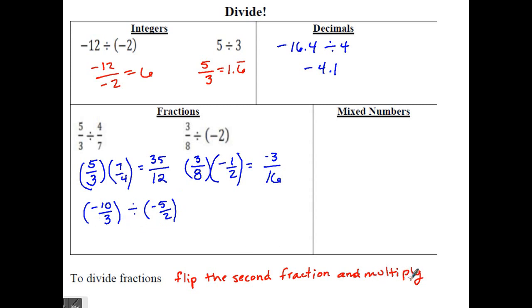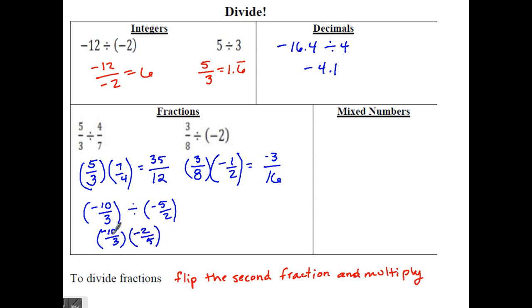We're going to change the sign to a multiplication, and then we're going to flip the second fraction. So this is going to equal negative 10/3. Again, we're going to change the division now to a multiplication, so I'll use the parentheses. And we're going to do the reciprocal of negative 5/2, which is going to be the value of negative 2/5.